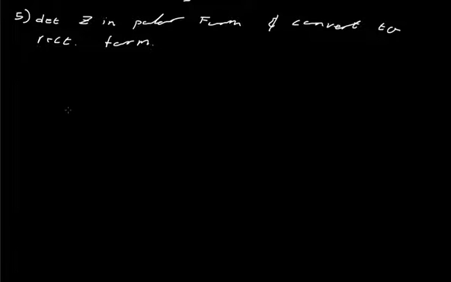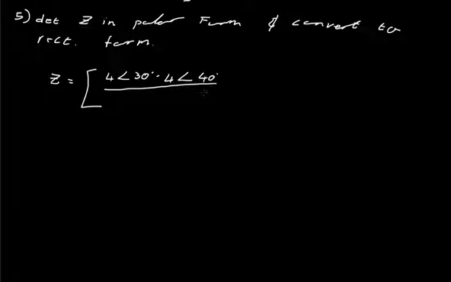Okay, and z is expressed as 4 angle 30 times 4 angle 40 degrees, don't forget your degrees, over 6 angle 20 degrees. Okay, all to the power of 5.